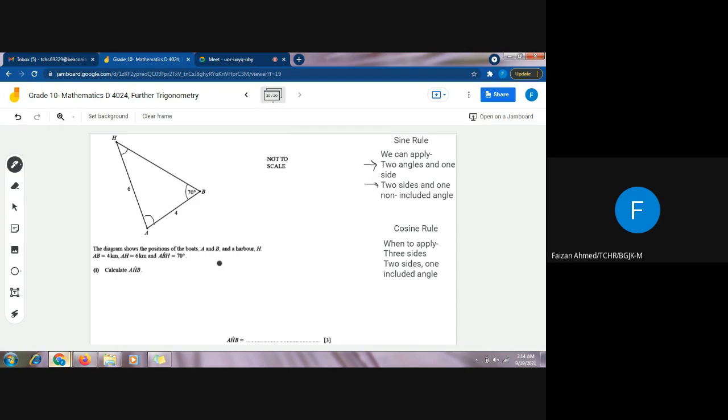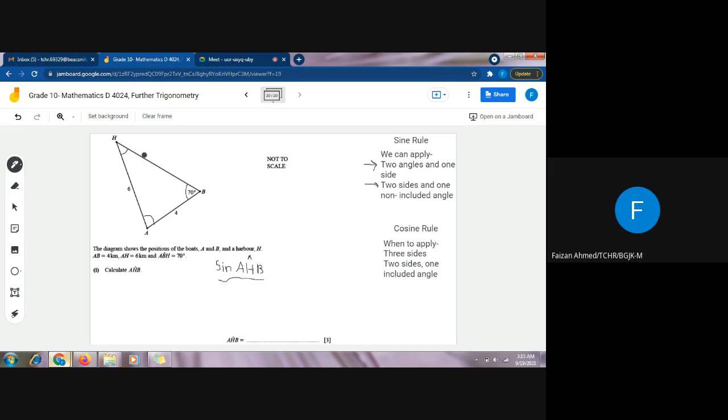And what is the method of applying sine rule? Since we have to find the angle, we will use the formula for the angle, and we will write the angle at the top in the numerator. So I will start off with sine of angle AHB, or I can also write sine of H. Sine AHB will be in the numerator, and the side opposite to this angle will come in the denominator.